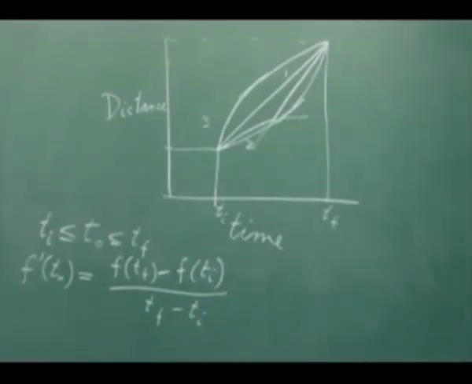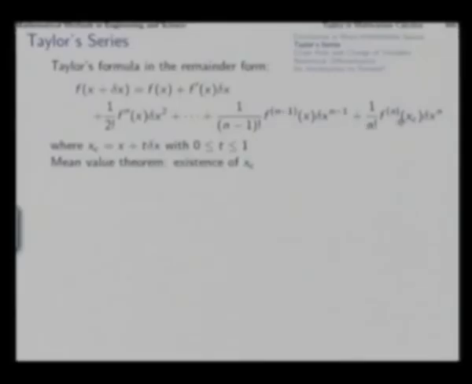So, we can say it in that sense also. If we say that with up to nth order derivative included, then this term is known as the remainder term, and this is Taylor's mean value theorem. Taylor's mean value theorem basically assures us of such a value x_c.